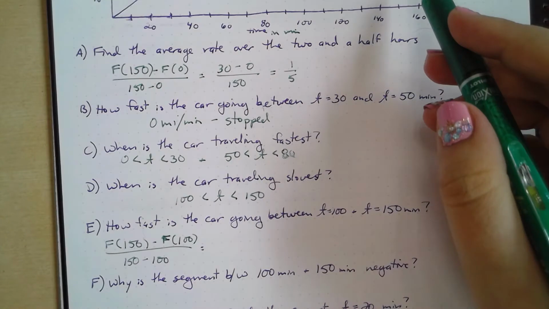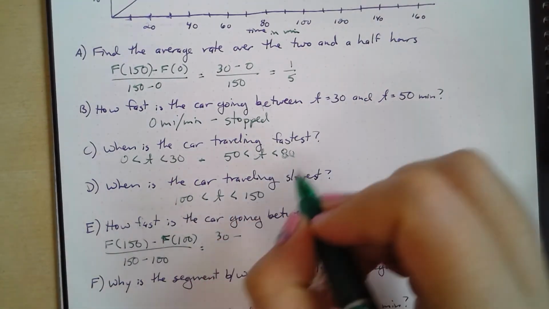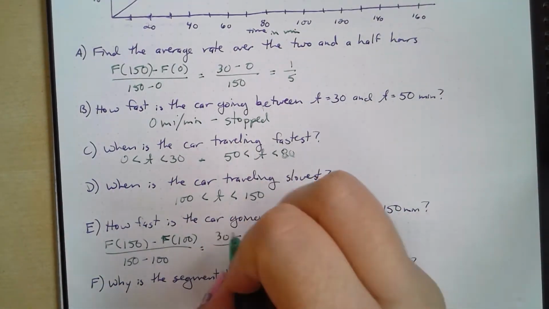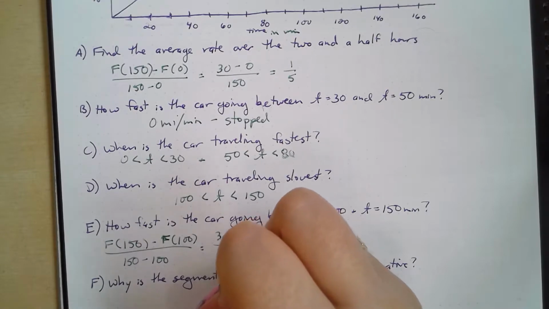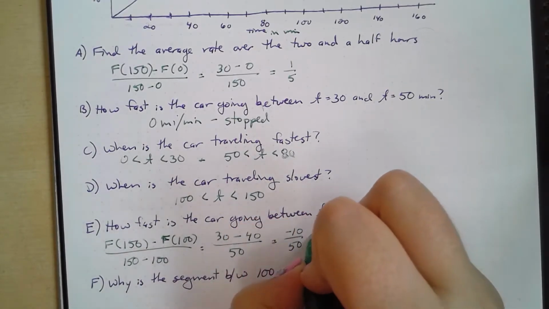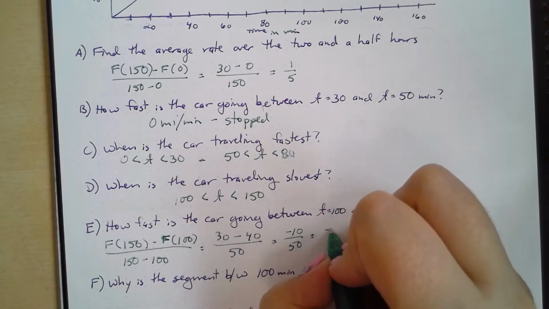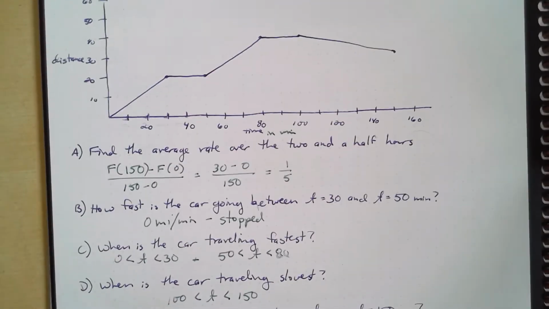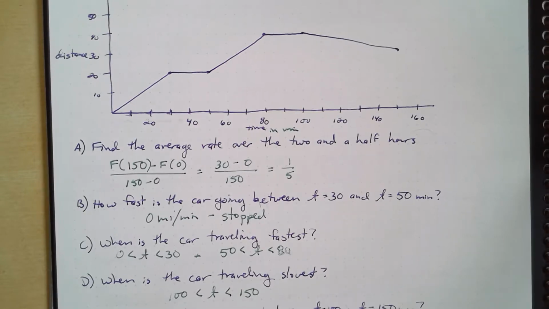Well, f of 150 is 30, f of 100 is 40, over 150 minus 100 is 50, so that gives us negative 10 over 50, which simplifies down to negative 1/5. Speed cannot be negative, right?